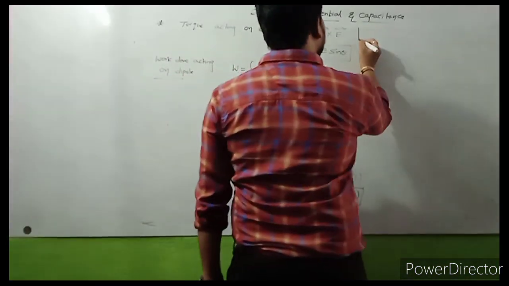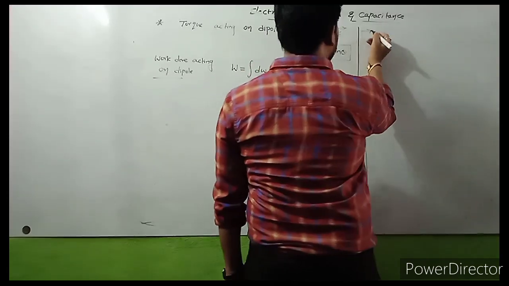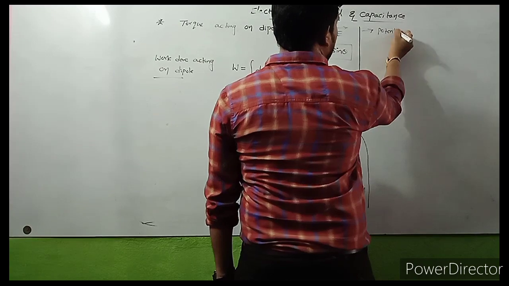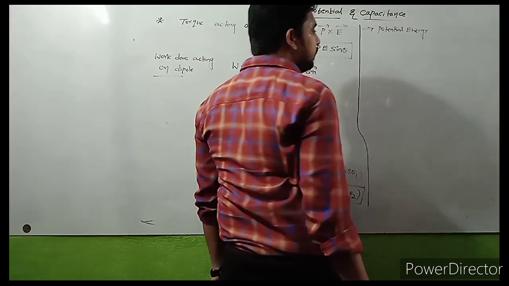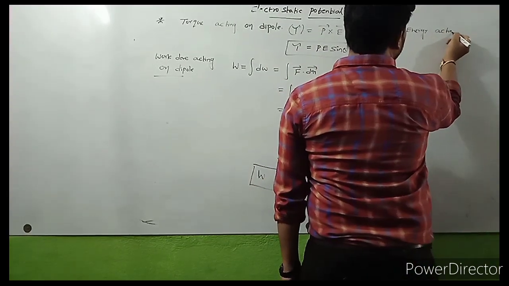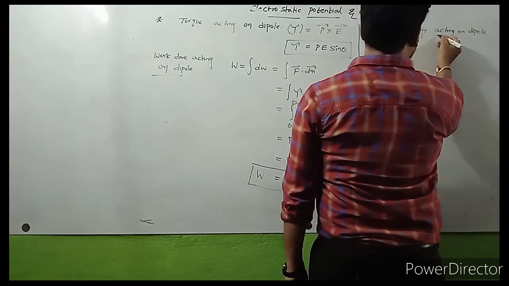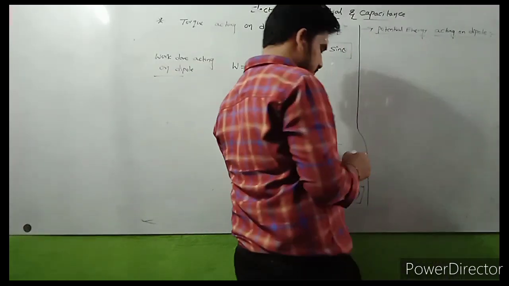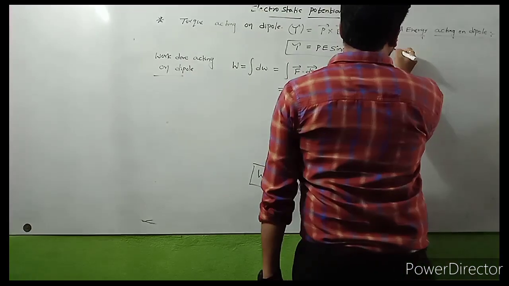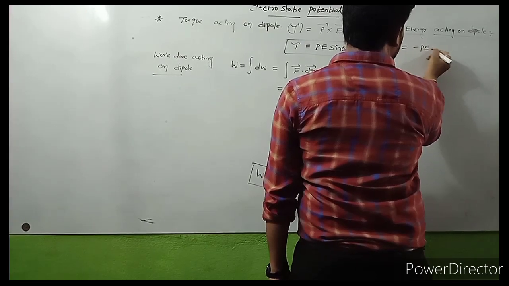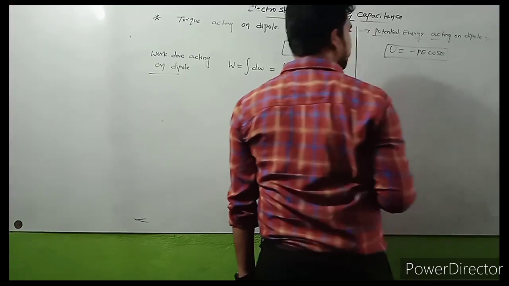Next, potential energy acting on a dipole. Observe carefully. U is equal to minus P E cos theta.